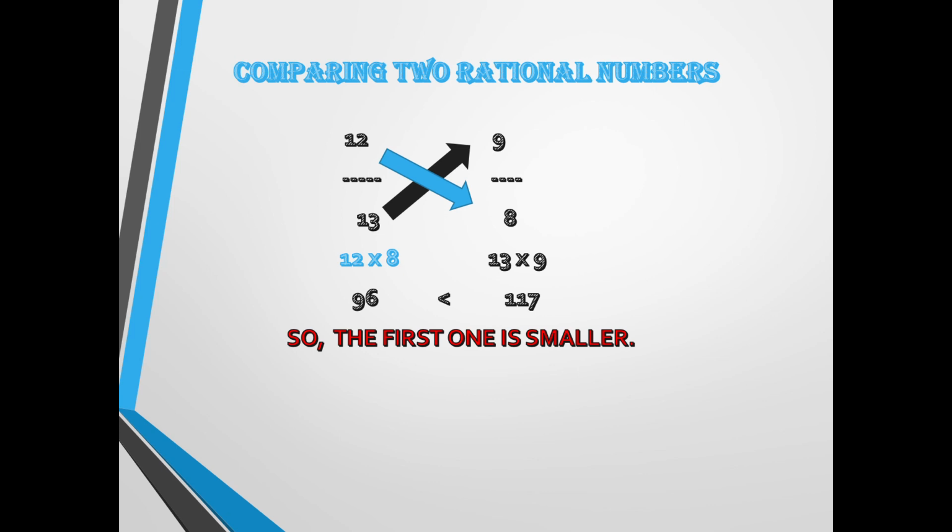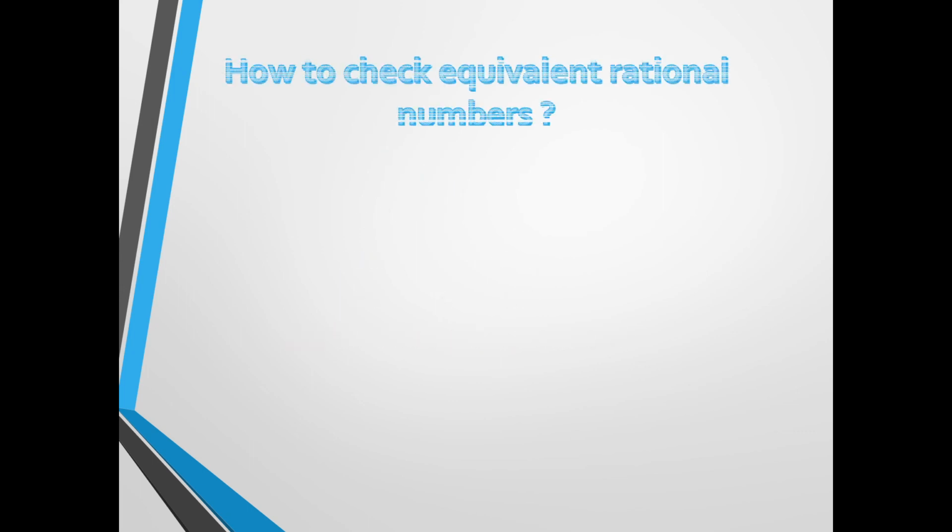We have got the products. The first one, 96, is smaller, so the first rational number is smaller than the second one. So 12 by 13 is smaller than 9 by 8. In this way we can compare two rational numbers easily by cross multiplication.